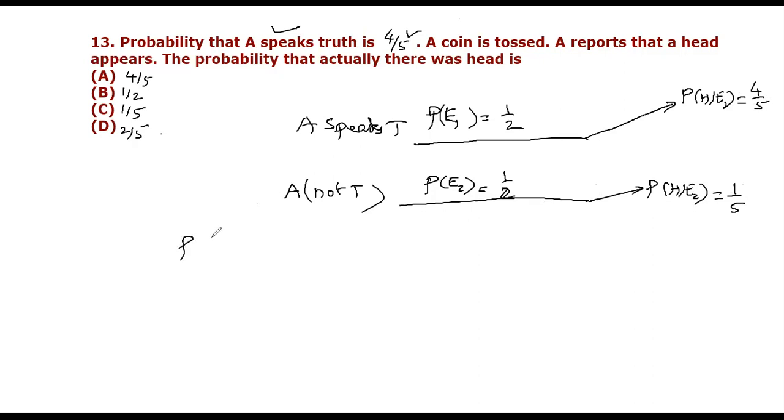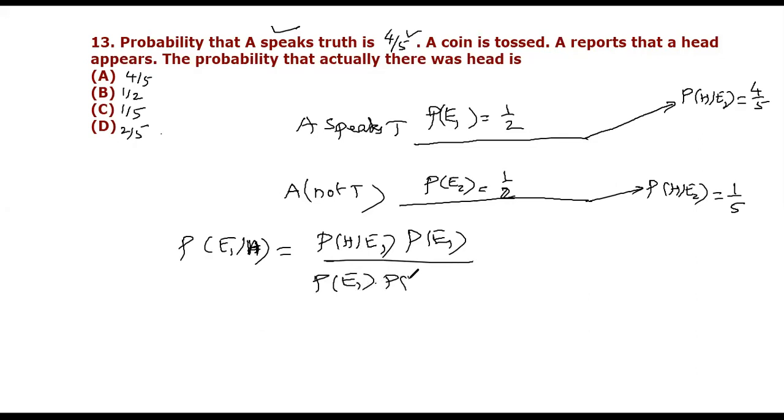So then the probability of E1, that actually there was a head. The probability of a head, when there was a head, is E1 upon H. If there was actually a head, it means he speaks the truth, so we use the first part, E1.